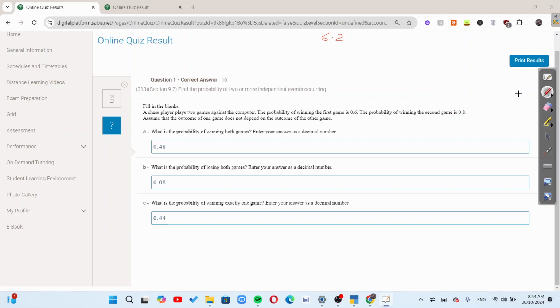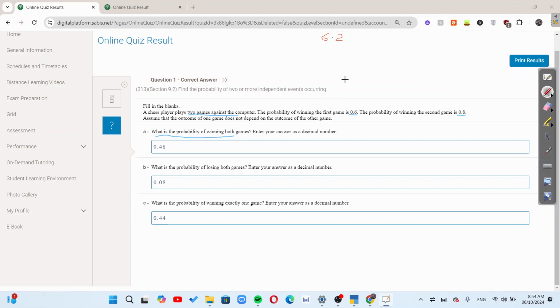So the first question is telling you that you have a chess player who plays 2 games of chess against a computer. The probability of him winning the first game is 0.6 and the probability of him winning the second is 0.8. Assume that the outcome doesn't depend on the other game. What's the probability of winning both games?